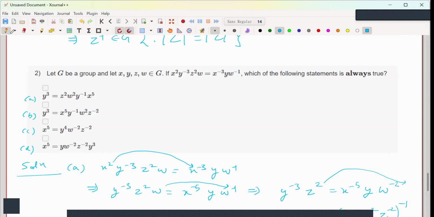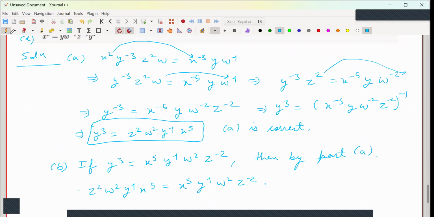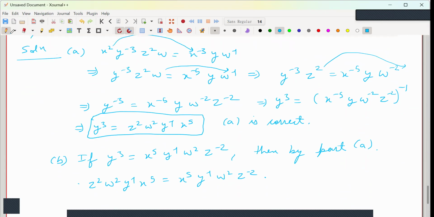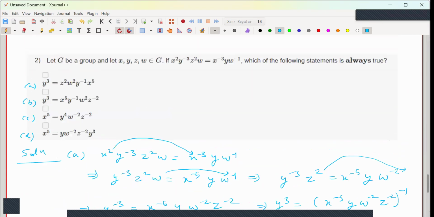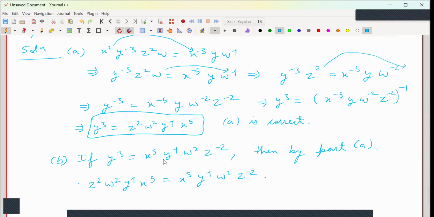We already have this thing, so we should not disturb this identity. This is always true. We have just copied it here, so you can also see from here. This identity should be true, but this should not be true.